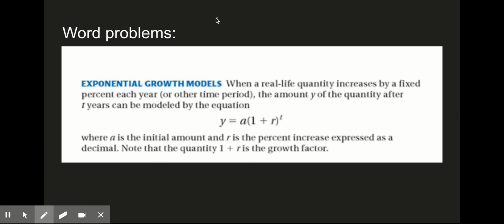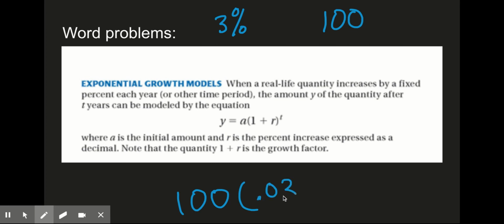If I tell you that your bank gets you 3% return on your $100, if you do 100 times 0.03, because that's 3%, to the power of however many years it's been, 5 years, 10 years, doesn't matter, you're only going to get the amount of money that you're making. You're not going to get the total of what's in the account, right?